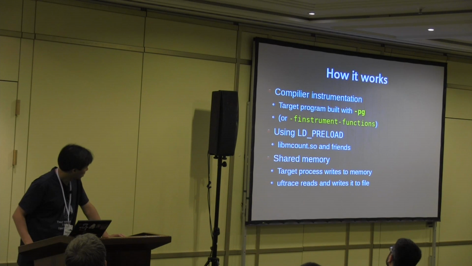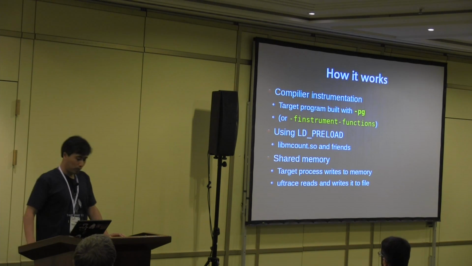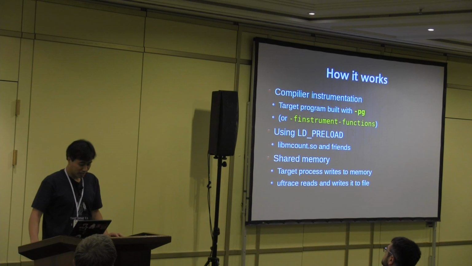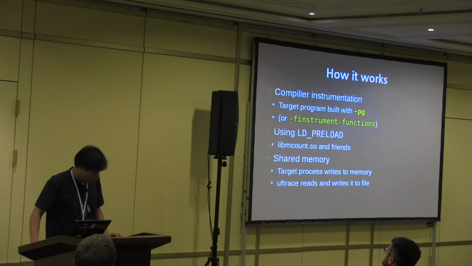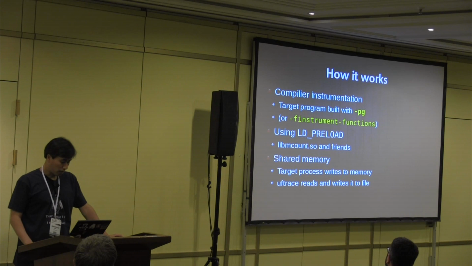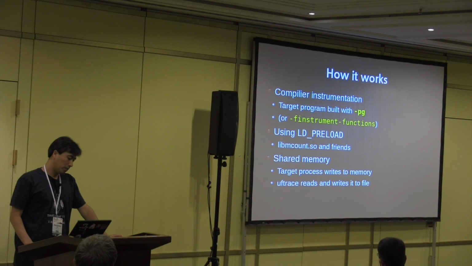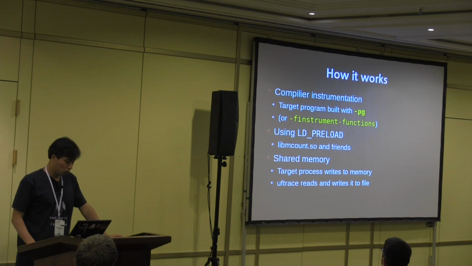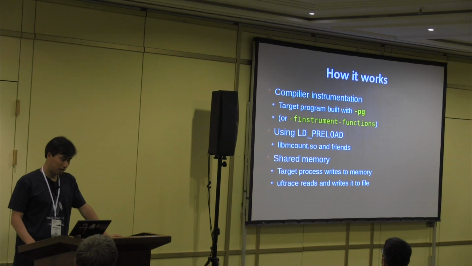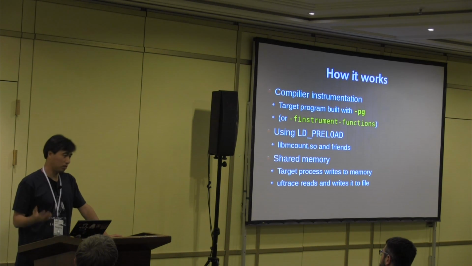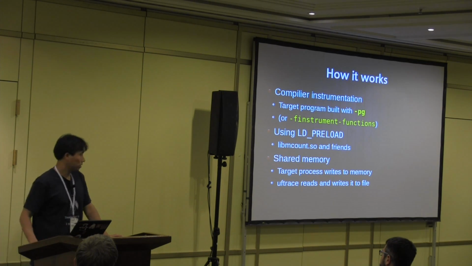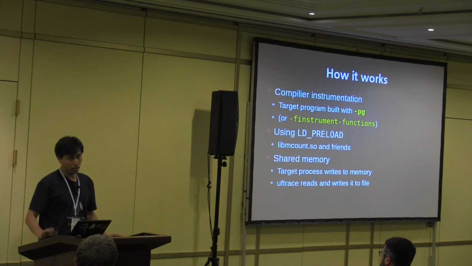So how does it work? It uses fairly well-known techniques, using compiler instrumentation with the -pg or -finstrument-functions options. It basically recommends using the -pg option, but it's a bit less stable since it requires replacing the return address to look up the exit of the functions.